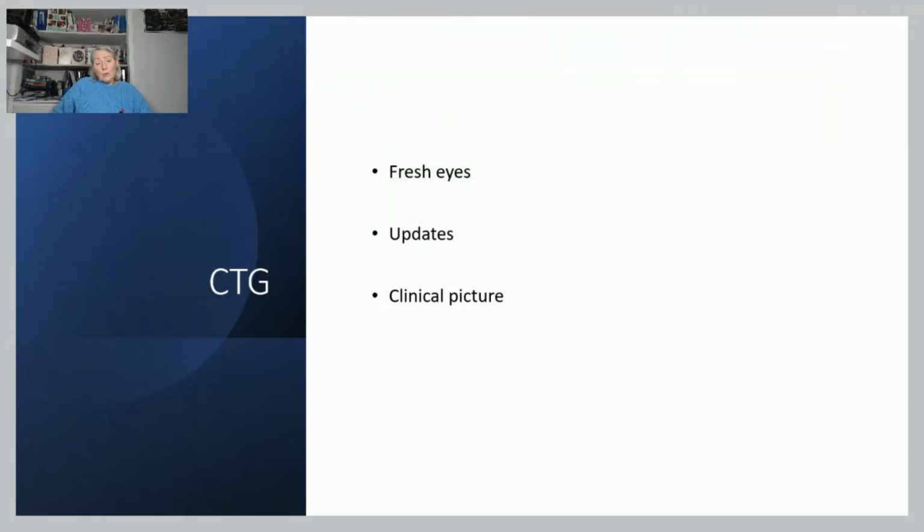Things that you can do when you're looking after somebody in labour, if you have a CTG on, is it's good practice really to have what's called fresh eyes at least every hour. And that's, as it says, it should be a second midwife coming in, and you don't tell her what you think the CTG is, the features of the CTG are.